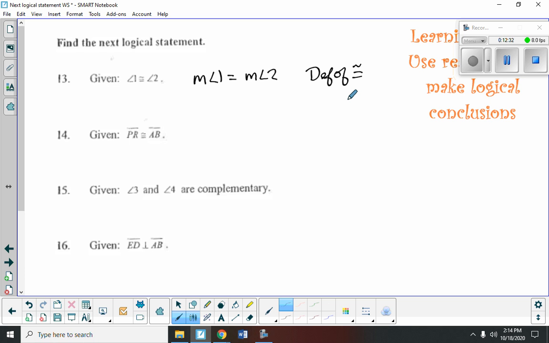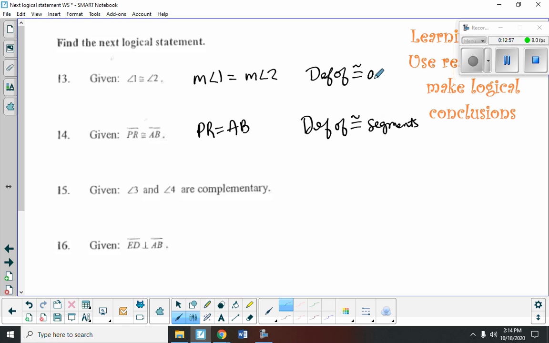The next one is dealing with segments, and it says they are congruent. If you look at congruent segments, it says if they're congruent, then they're equal, and if they're equal, then they're congruent. So you could say the length of PR equals the length of AB. That is the definition of congruent segments.